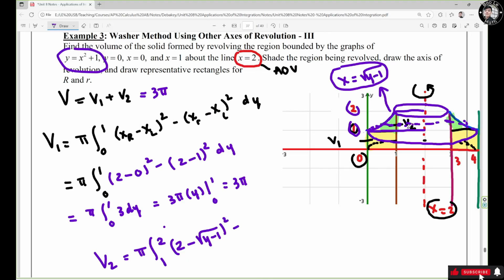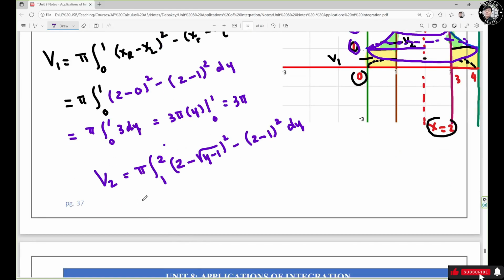Subtract the smaller radius, it's going to be this guy right here, 2 minus 1 square dy. And you're going to simplify this. It turns out to be pi the integral from 1 to 2 of 2 minus square root of y minus 1 all together square minus 1.